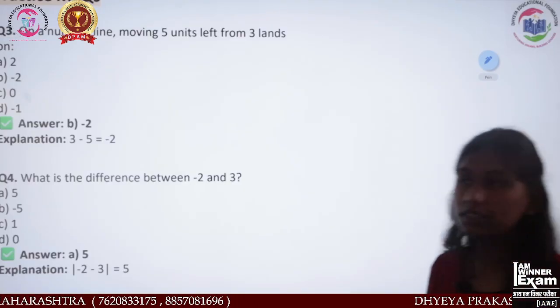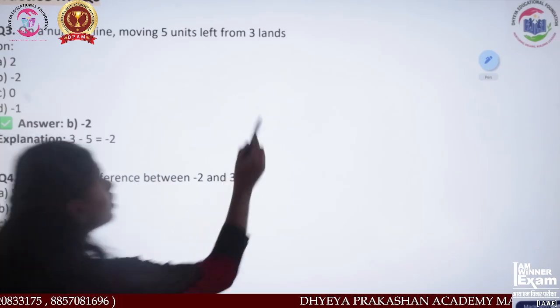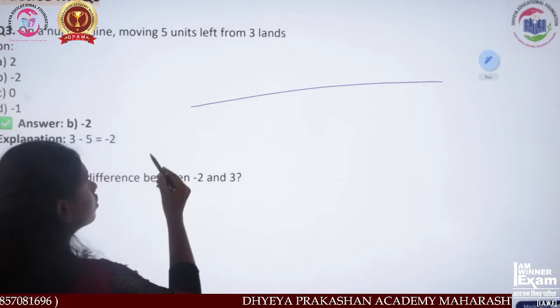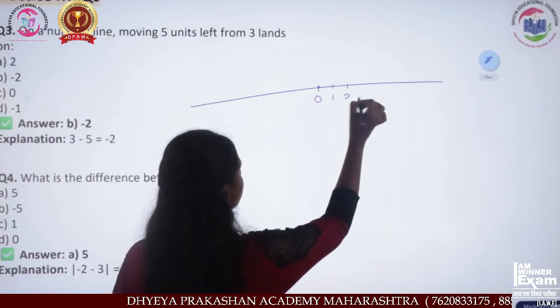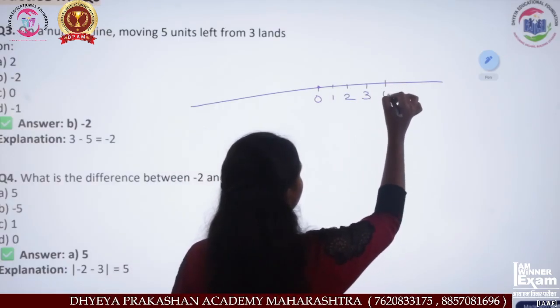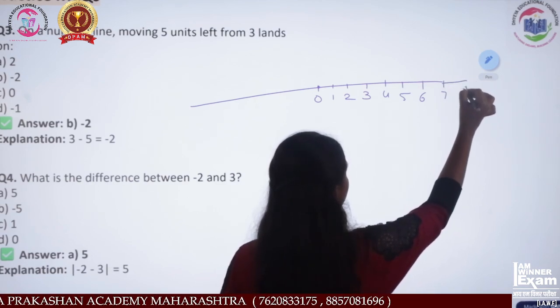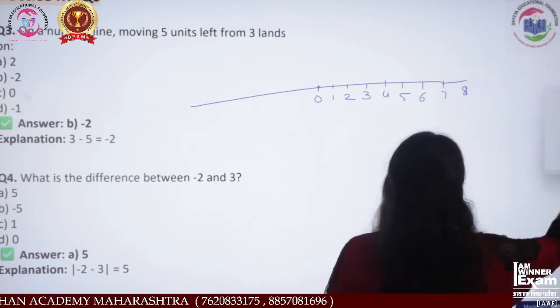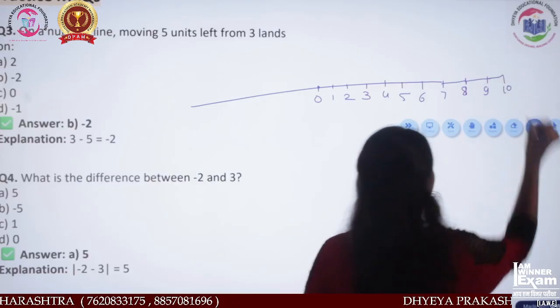What does it mean? On the number line, now this is the number line, 0, 1, 2, 3, 4, 5, 6, 7, 8, 9 and 10.